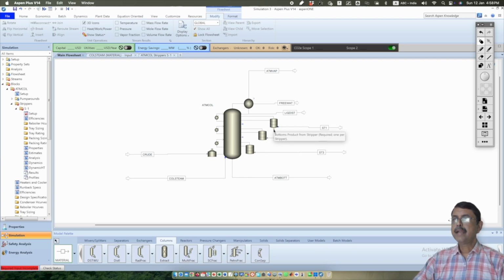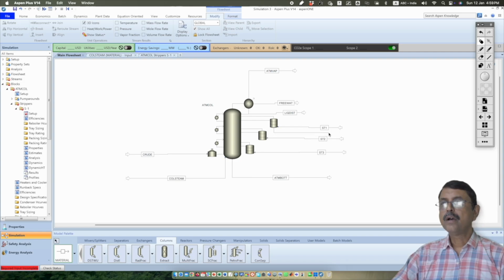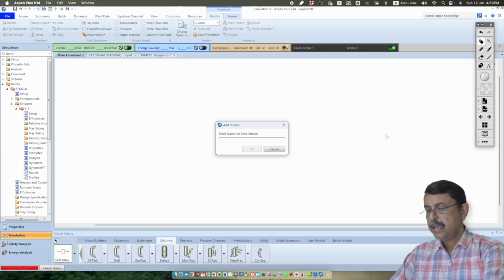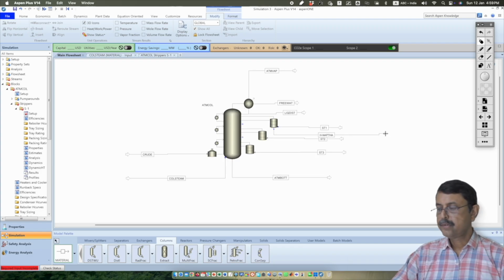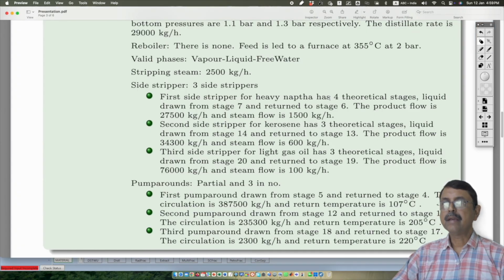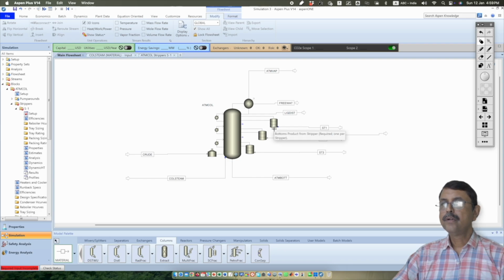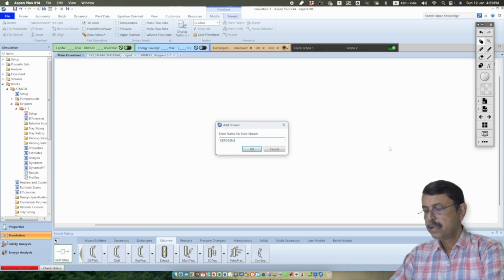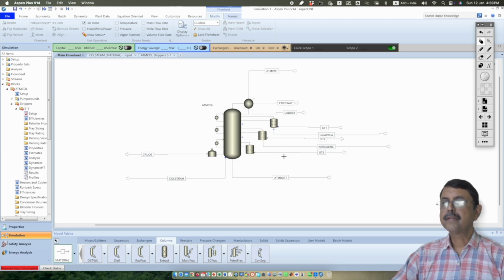Okay, and this is the bottom product of the stripper. Now this one, let us name it as H naphtha, because the first stripper takes out heavy naphtha. The second side stripper takes out the kerosene, so we put it over here and name it as kerosene.